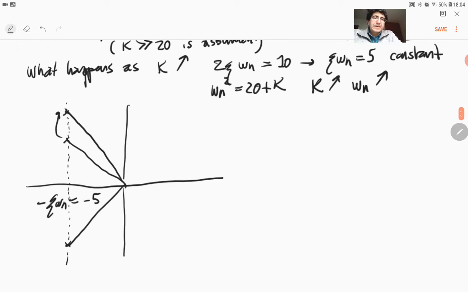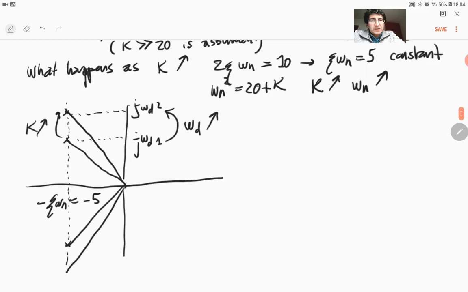So as K is increased, we can see that this is j omega d1, and this is j omega d2. That means omega d is increased. Obviously, the complex conjugate happens over here as well.